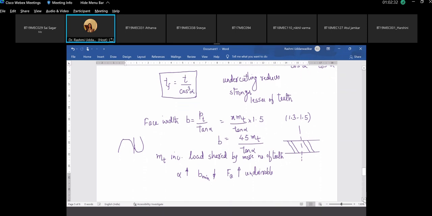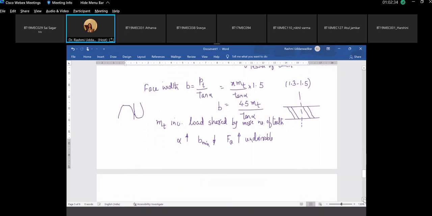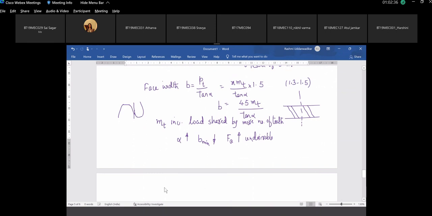One more concept in the last 5 minutes, because students have asked me to leave the class at 55. The value of CV. What do you think? The value of CV in helical gear should be lesser than spur gear or more than spur gear? Use proper logic.